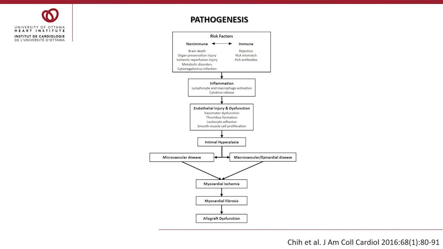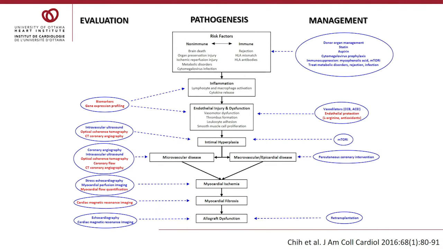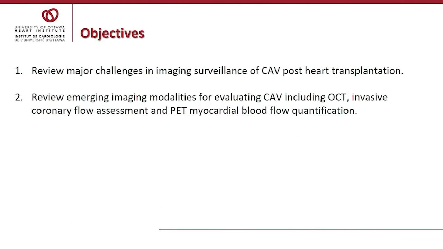And most of this is thought to occur very early post-transplant. And we and others have used this current understanding of CAV pathogenesis to focus on diagnostic and prognostic evaluation using predominantly imaging tools, with the aim of improving options for prevention as well as treatment for this complication post-transplant.